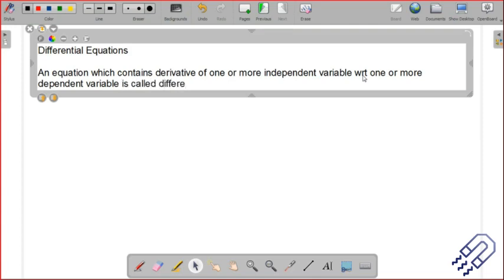If you give a definition of a differential equation, this is important. It's called a differential equation.